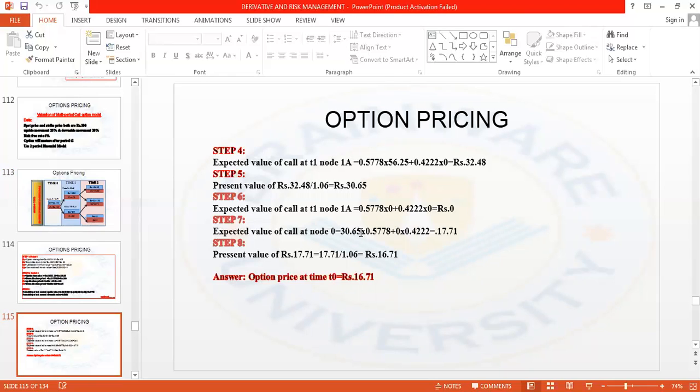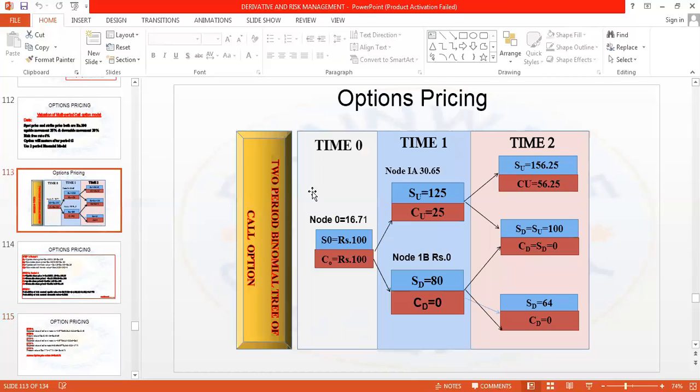It is 30.65 into 0.5778 plus 0 into 0.422. So it becomes 17.71. So what we are saying, that 17.71 is the expected intrinsic value of the call option at the end of time 1.